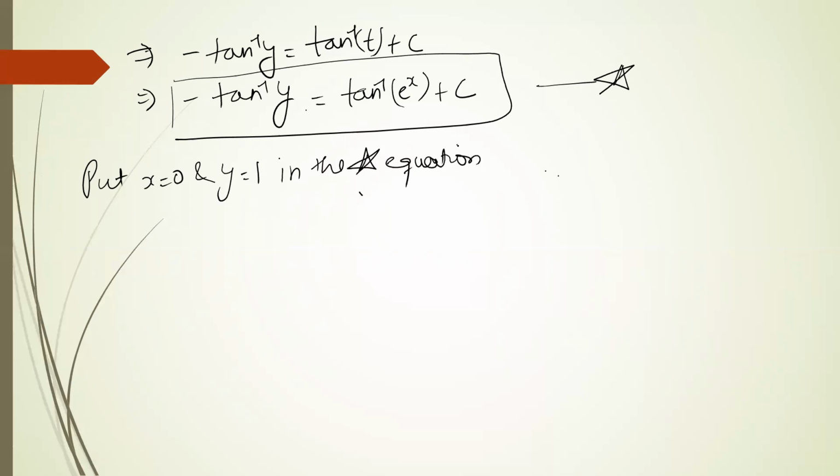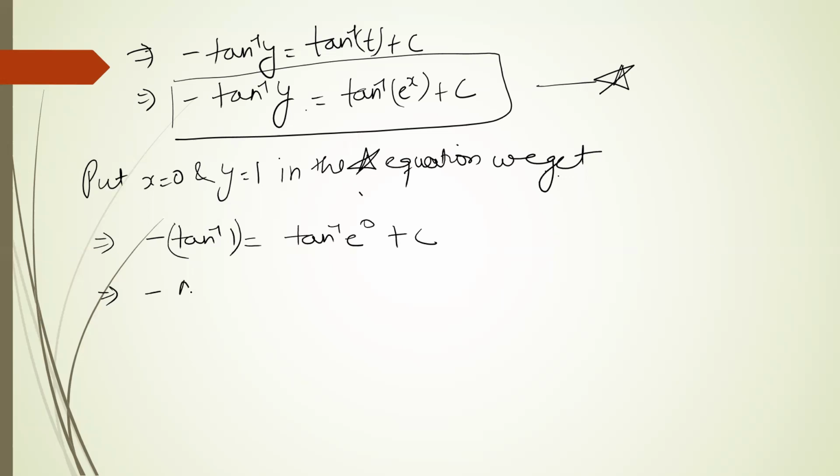So what will you get? We get minus of tan inverse 1 is equal to tan inverse e to the power 0 plus c, which can further be written as, you can see, tan inverse 1 is equal to pi by 4. How do you get it?